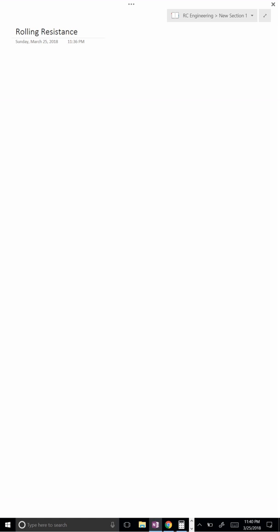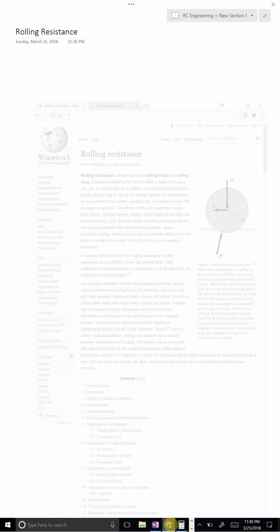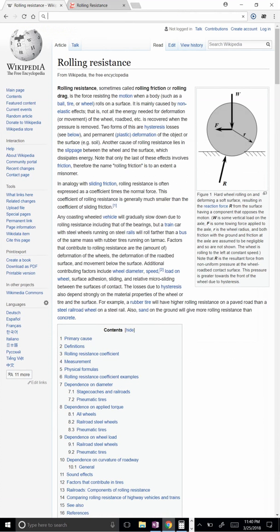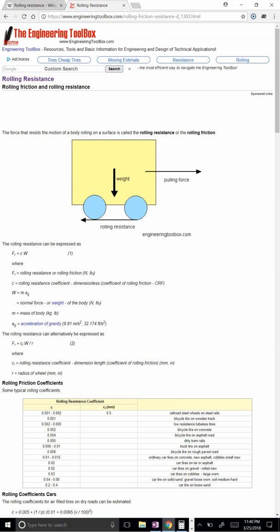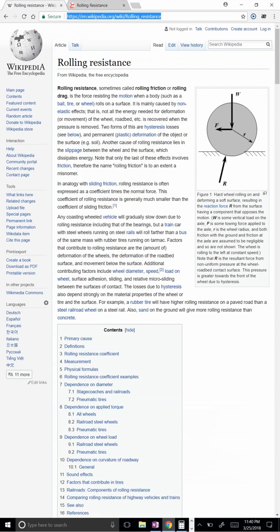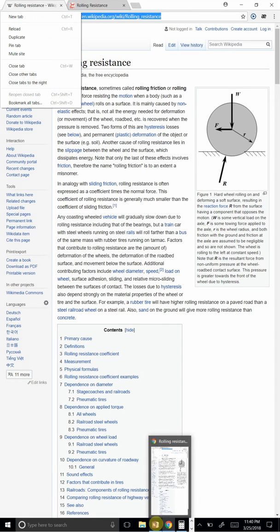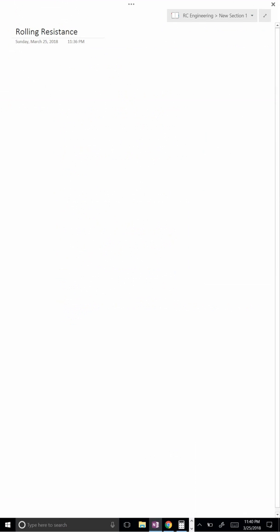Right, so I have a few tabs up, two of my favorite websites. My favorite one is the Engineering Toolbox, but I also have Wikipedia to talk a little bit about that. So number one is this image here, but we'll go over it. Again, this is mainly for cars, for the most part, the ones that mainly have to worry about this.